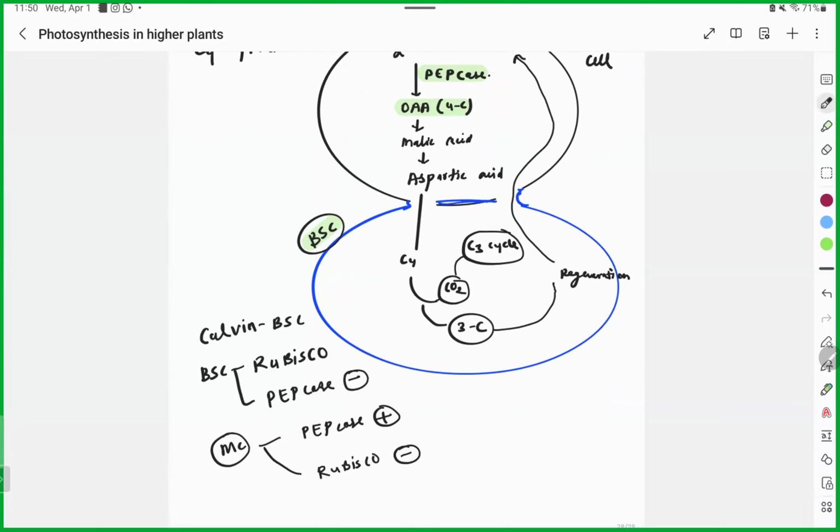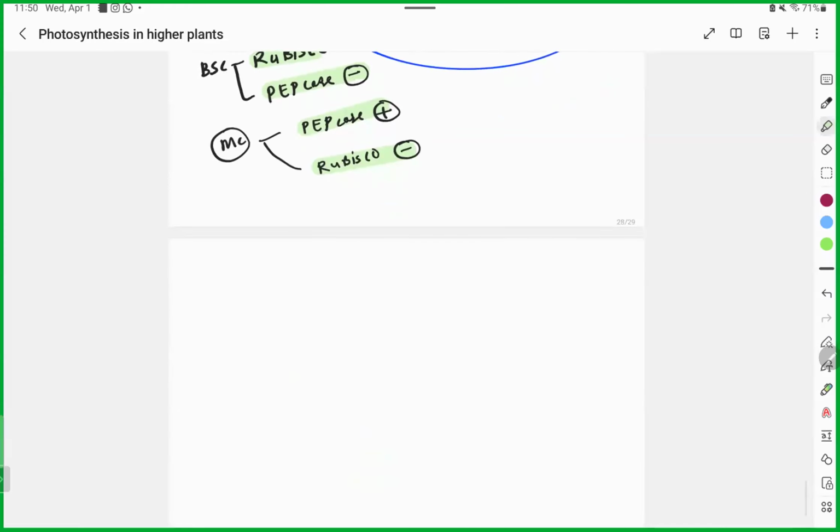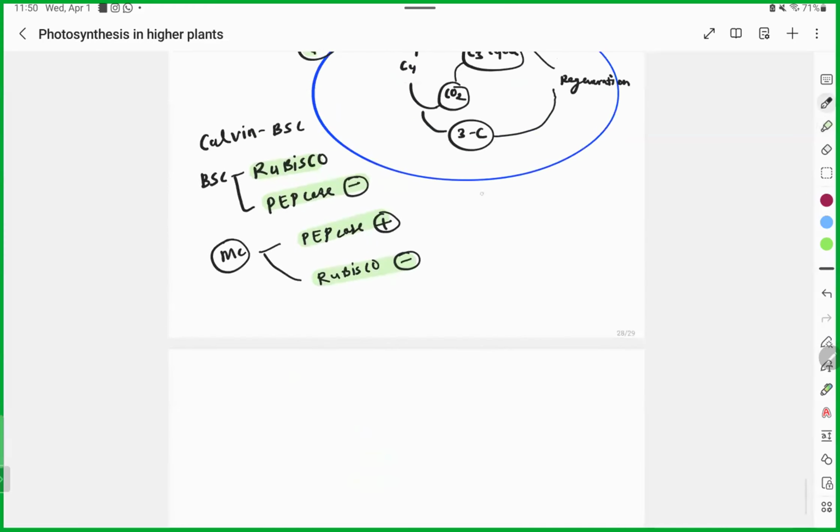Any doubt? Very, very popular. You should know this pathway is known as the Hatch and Slack pathway, named after the scientists. And C4 plants are like maize, sugarcane, sorghum, bajra, correct?